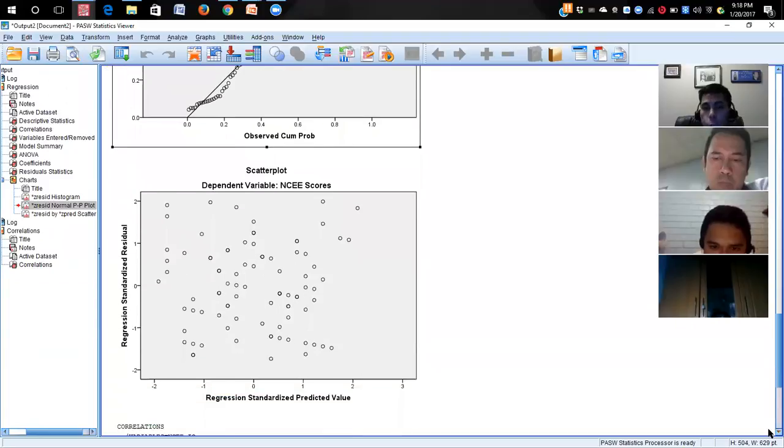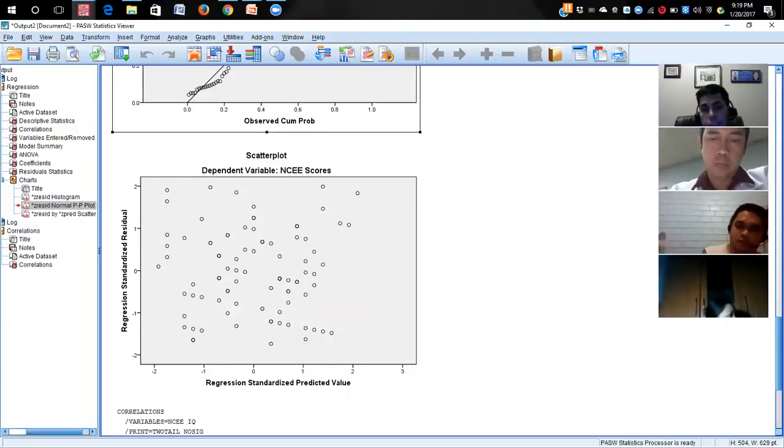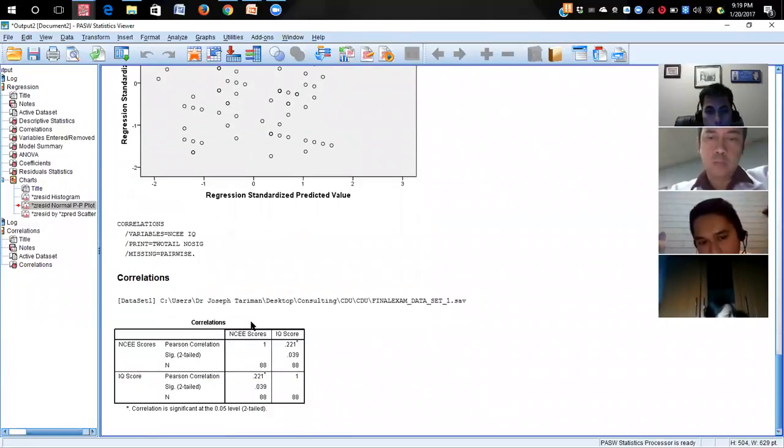And then when we look at the scatter plot of the standardized predicted value, it looks like a bird's nest. It looks like it's scattered everywhere, and that is an indication of heteroscedasticity. And that is really important because that is an assumption of regression. Basically, what we can do here is a scatter plot.